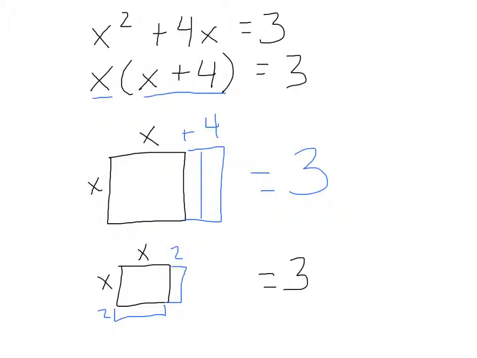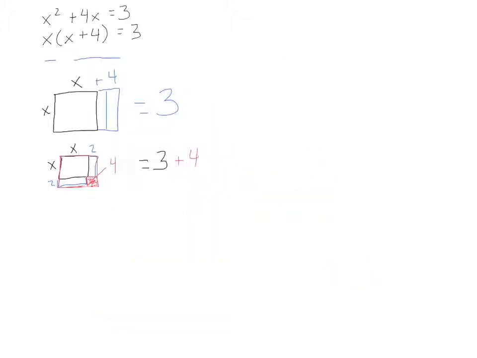The term completing the square means what we're going to do is we're going to actually complete this square. We are adding this little square right here to our square. And what is the area of that? Well, the area of that is 4. So by adding 4 square units to this side, we have to add 4 units to this side.